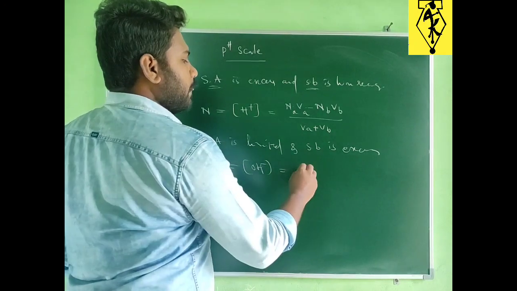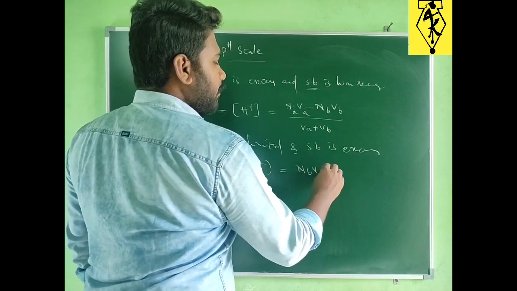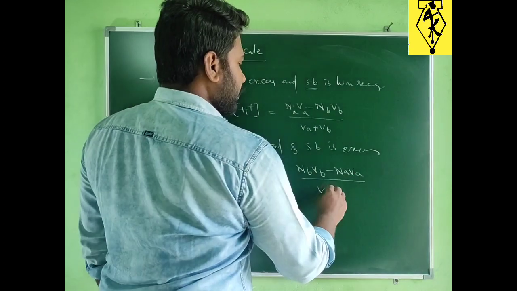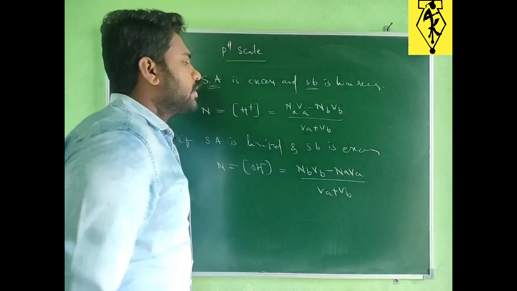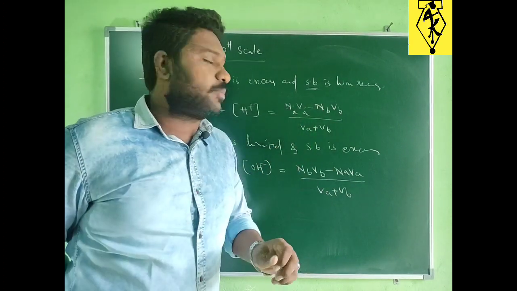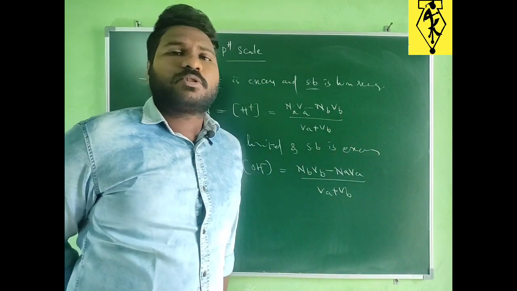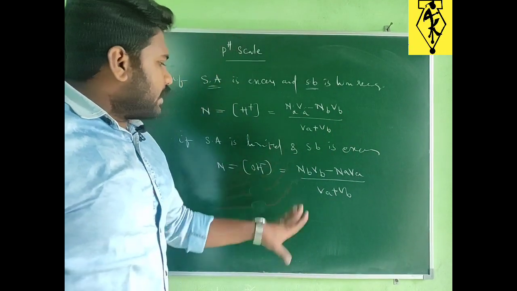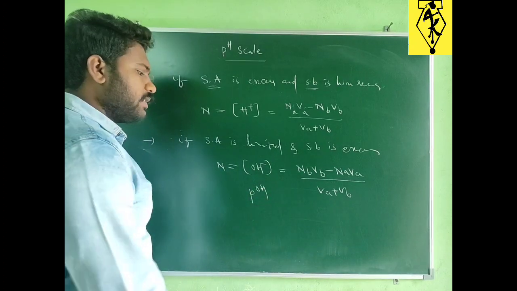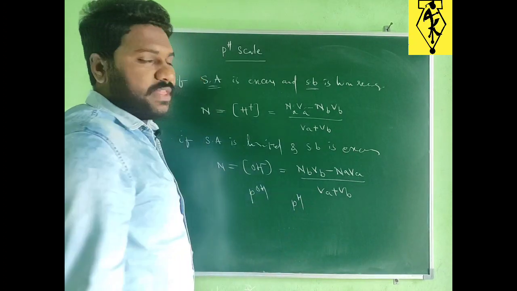That is equal to NbVb minus NaVa divided by Va plus Vb. Here Na means the normality of the acid and Nb means the normality of the base, and Va, Vb are the volumes of acid and base. So first here also we get the pOH value. From that pOH we have to calculate pH if they are asking.